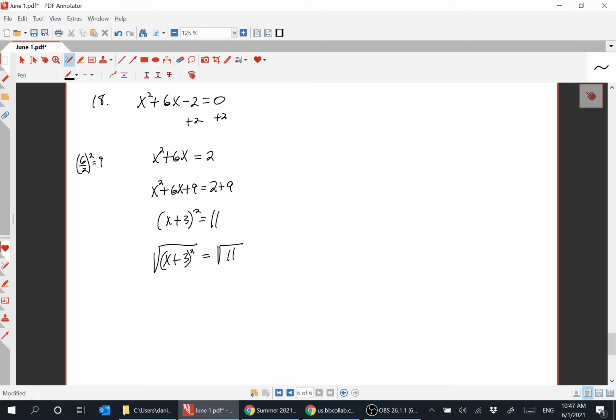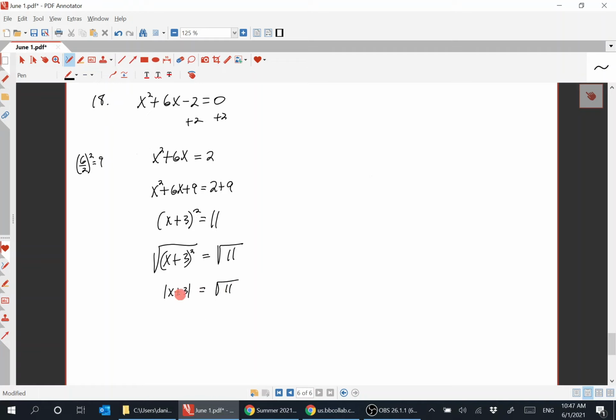Very few. So on the left, the square root of something squared with a variable in it doesn't just cancel the square out. It's the absolute value of that thing, because it could be negative. So the absolute value of x plus 3.